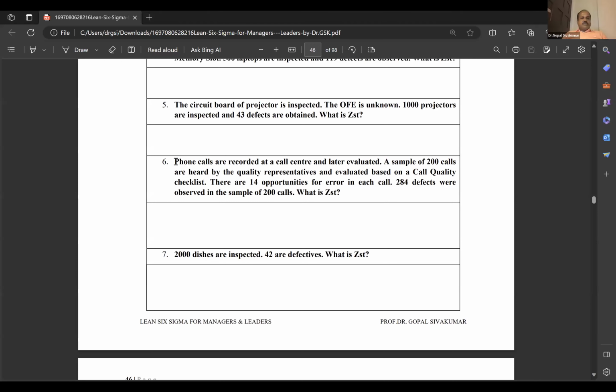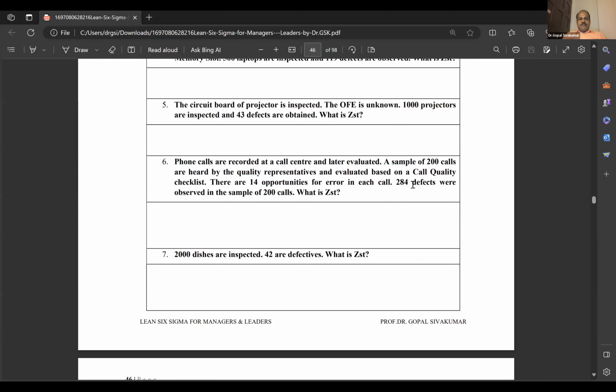Now, phone calls in a call center. Phone calls are recorded at the call center and later evaluated. A sample of 200 calls is heard by the quality representative and evaluated based on a call quality checklist. There are 14 items, or 14 opportunities for error, in each call according to the checklist.